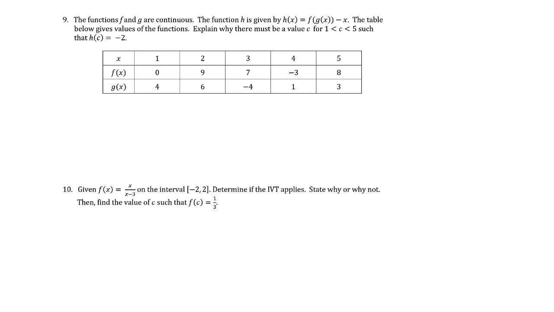All right, so for the next one, we are looking at a composite function, h at x, and we're trying to show that there's a c value so that h at c is -2. So we see that f and g are continuous.